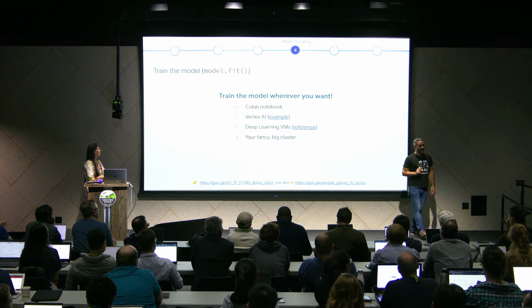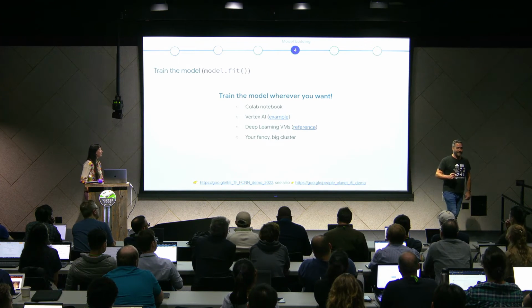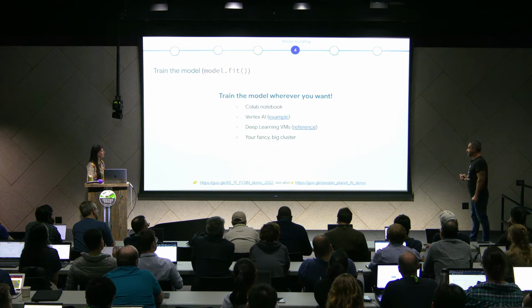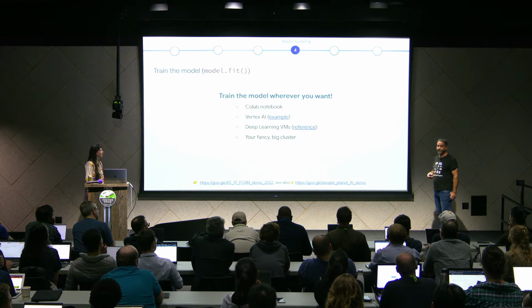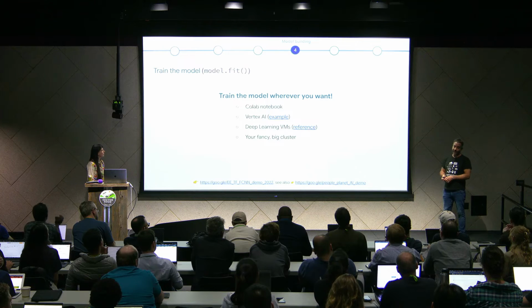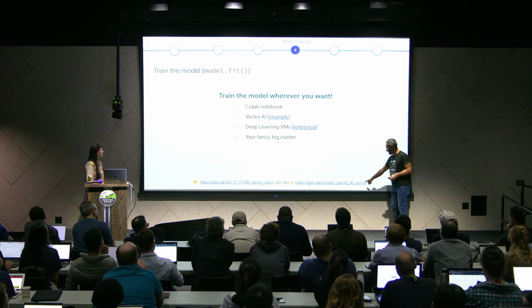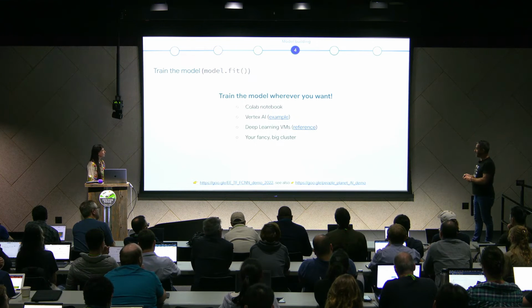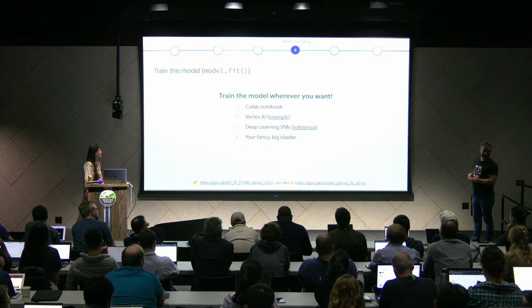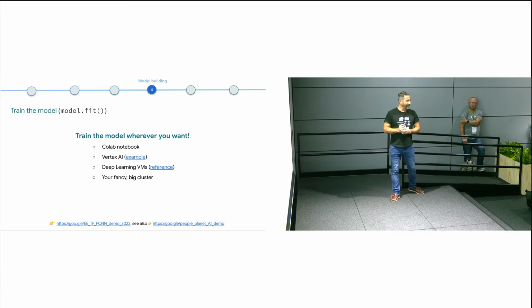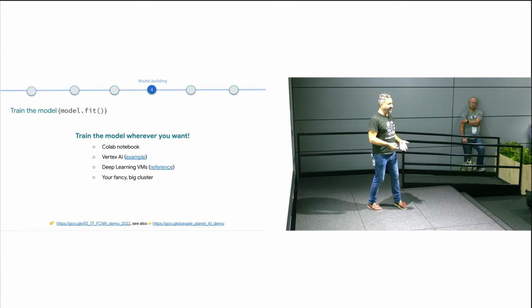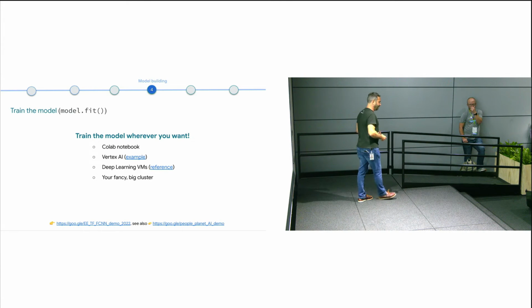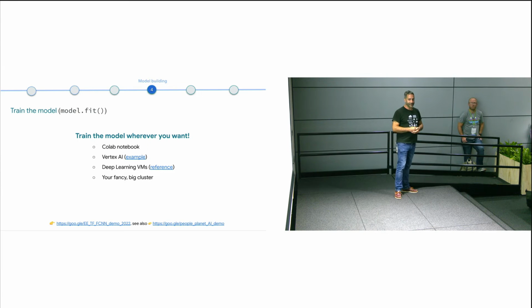But if you have a big fancy model with lots of training data, you might want to use some cloud infrastructure to do your training. And you can find that in this second example here. That will train the model on Vertex AI, which will let you do much longer training jobs, hyperparameter tuning, lots of fancy stuff like that.